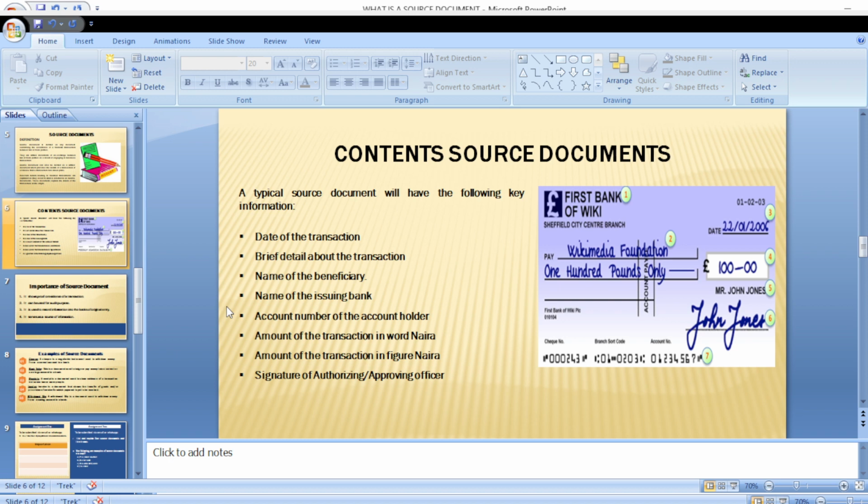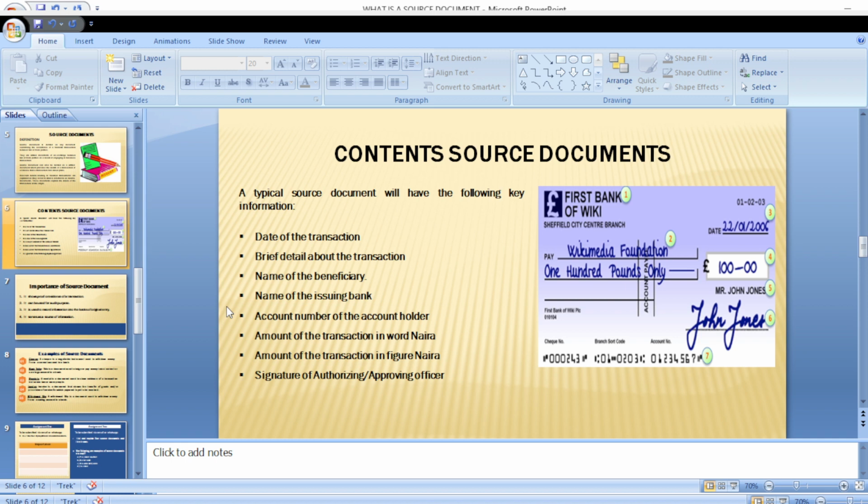But the check here is being issued to Wikimedia Foundation. Wikimedia Foundation is the beneficiary of this check. The name of the issuing bank is First Bank of Wiki.